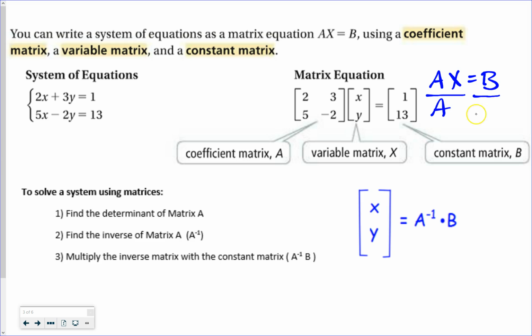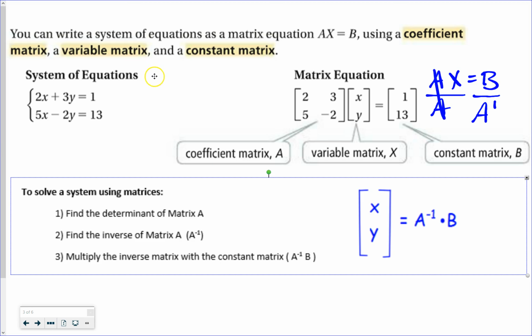If I divide by matrix A, do you agree that using my law of exponents, if I bring this up next to B, that exponent becomes a negative 1? Remember, 1 over x squared was the same thing as x to the negative 2 power.